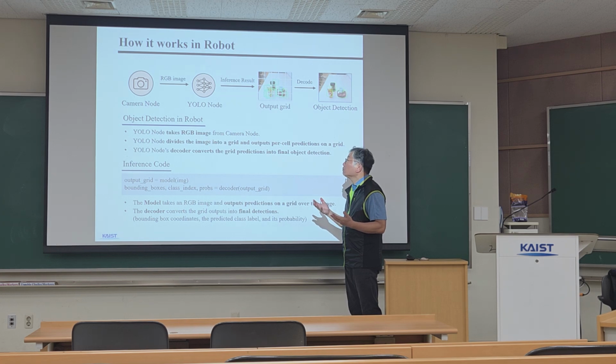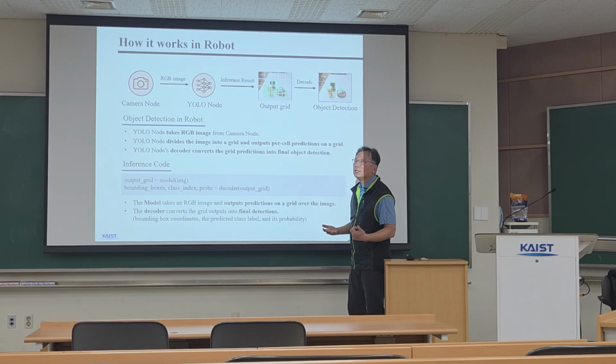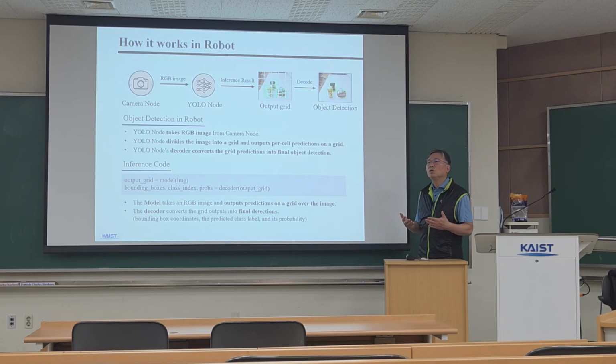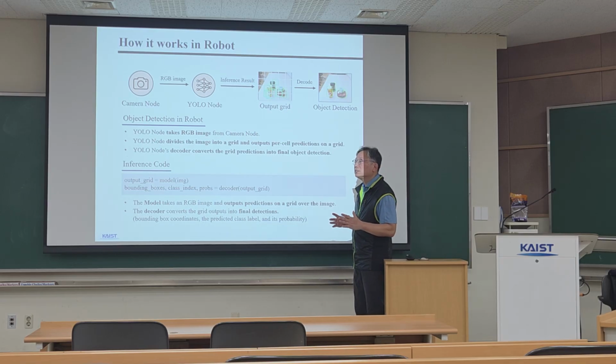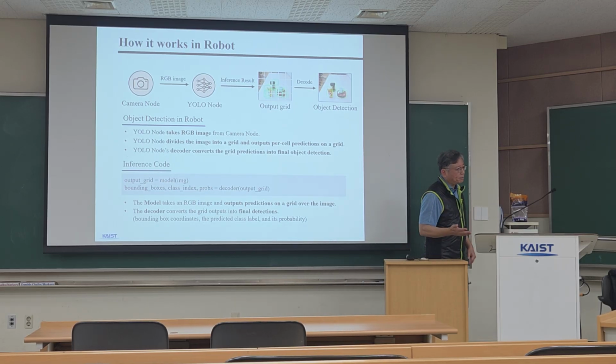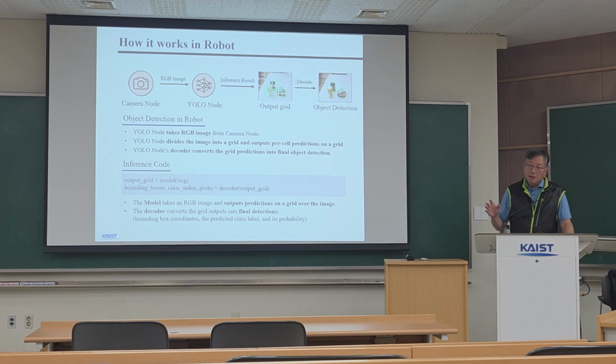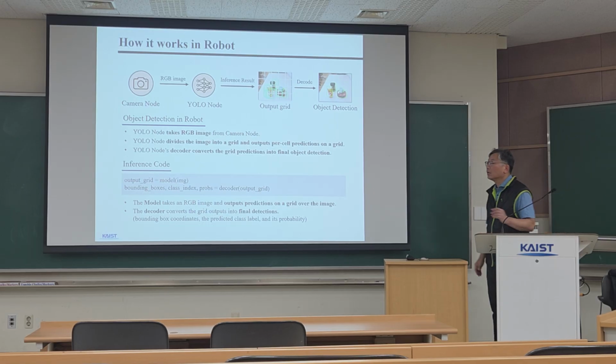So the first thing it does for each grid, it figures out whether there is an object or not, the presence of an object, and if there is, it tells you the center coordinate of the object and the width and height of the box that will contain the object. And finally, it would spit out the probabilities of the different classes.